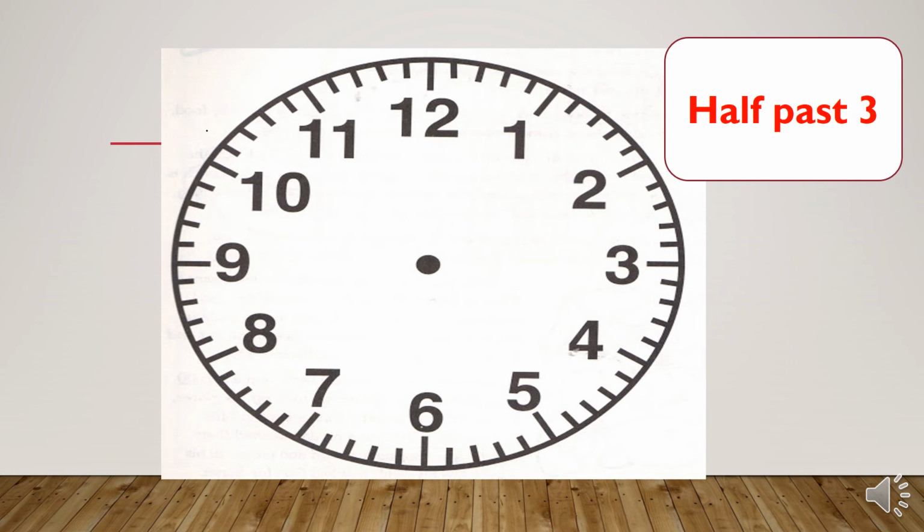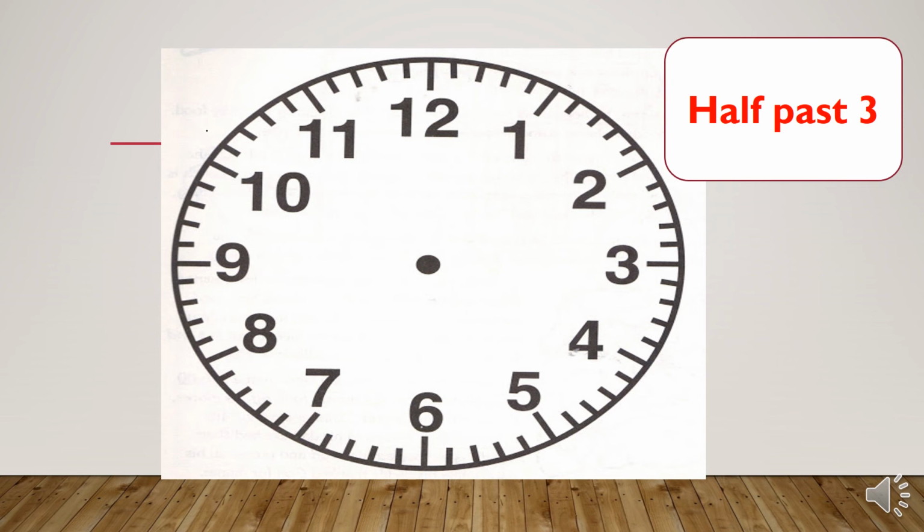Now let's see how I will draw the hands for 3:30. First, I will ask myself, it's not 3 o'clock. If it were 3 o'clock, the minute hand would be exactly at 12, and the hour hand would be exactly at 3.